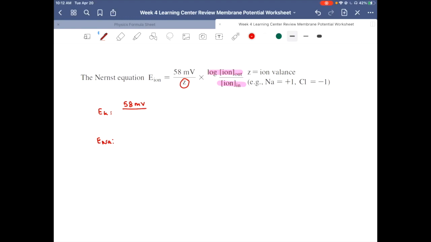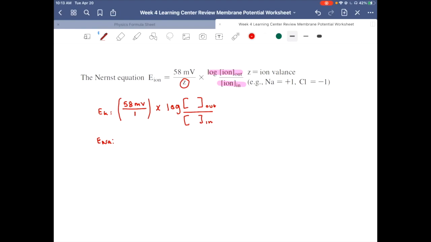For K, we also know that it's +1, right? So we would just write 1 here. And then we multiply by the log of ion concentration in versus ion concentration out. Or sorry, it's the other way, my bad. So out goes at the top, and then in goes at the bottom.